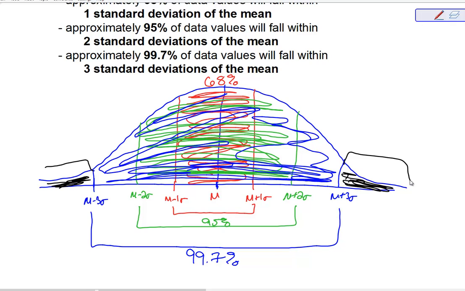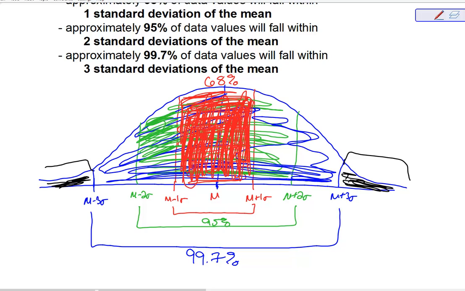Most of my data, of course, 68% is here in this area. This is 68%. Okay. This 68%, that's a large portion of it. We take that and we add on another standard deviation. We're going to add on this green portion.